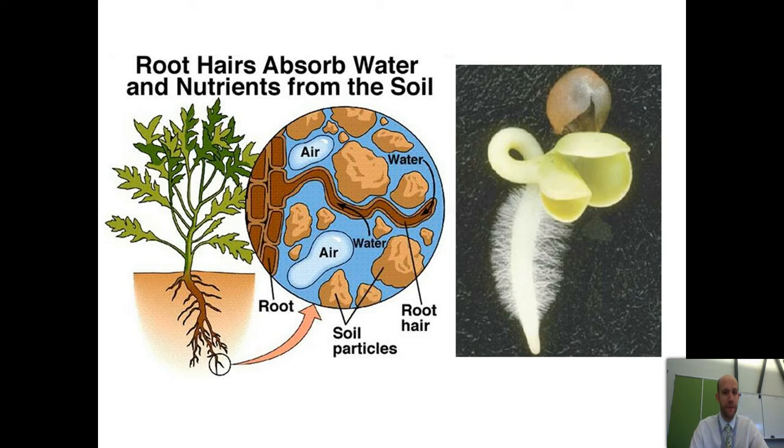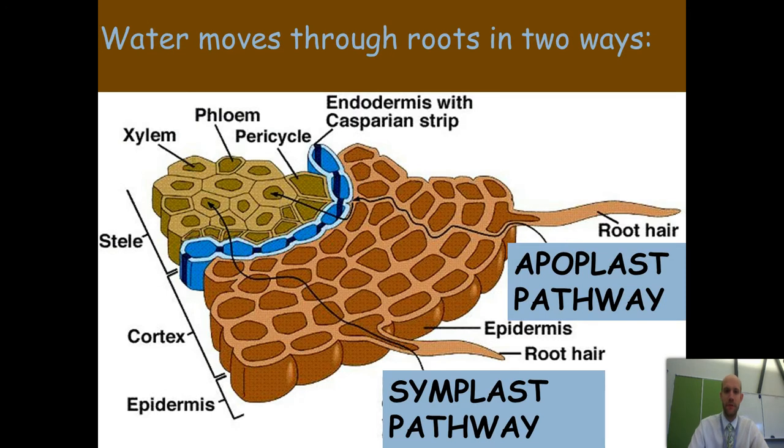The water will then follow by osmosis and so move into the plant. The water then moves up into the xylem vessels via these two pathways, the symplast and apoplast pathway. Maybe you can spot on the diagram how they're slightly different. But essentially it moves into the middle of the stem and starts its journey up the xylem vessels.